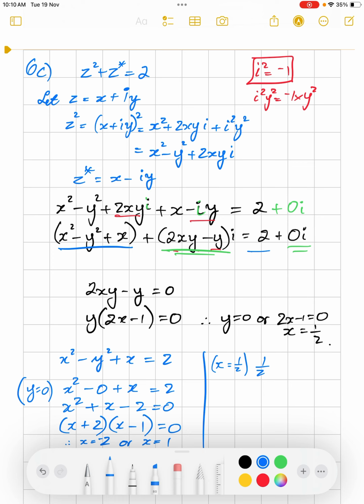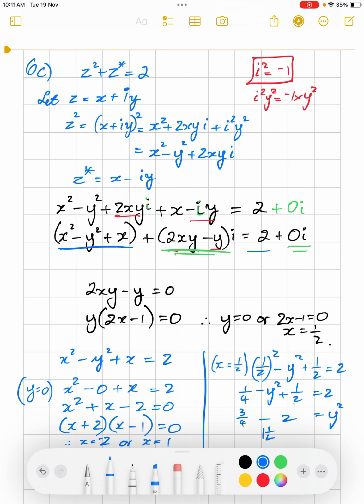So substitute x equals a half and see what happens. We get a half squared minus y squared plus a half equals 2. A quarter plus a half equals 3/4. Take the y squared across to be y squared, and bring the 2 across, so y squared equals 3/4 minus 2, which is negative 1 1/4.